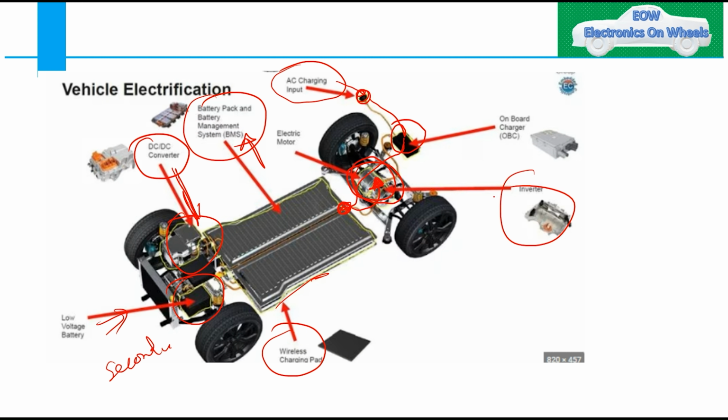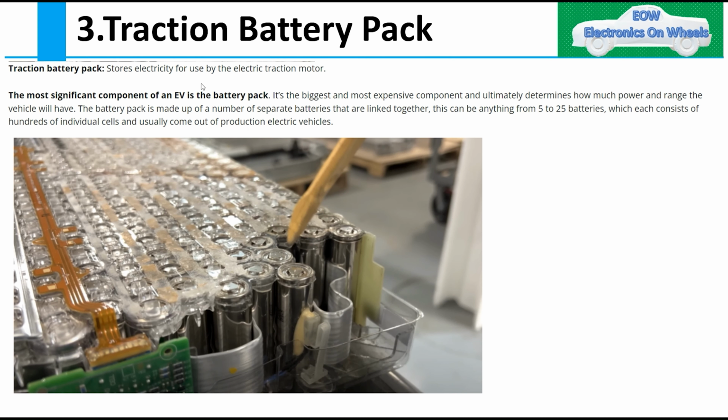So these are the flow of the EV. Now, the third component after your onboard charger is the battery pack. As you all know, the battery pack stores the electricity for use by the electric traction motor.